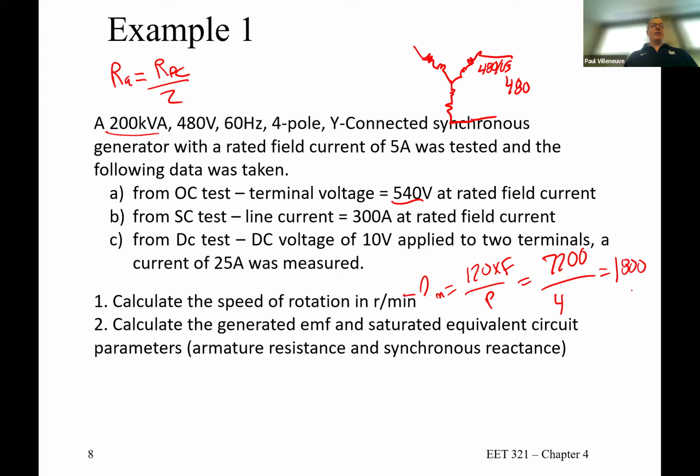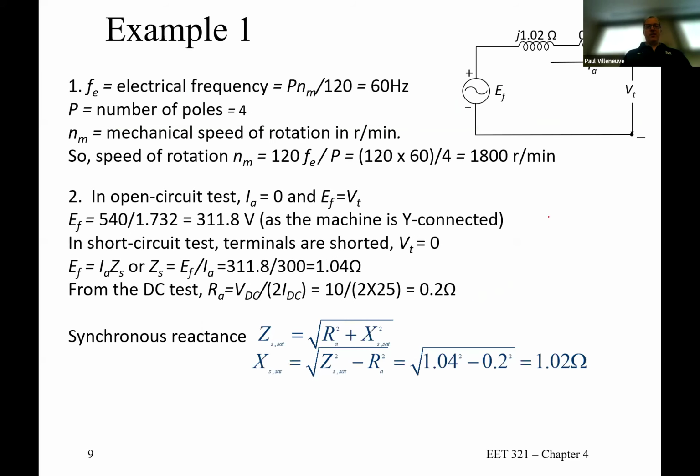Now, the next thing we need to do is calculate what our values of XS and RA need to be. Well, fortunately, these are both taken at the exact same current, so we can use those values to calculate our XS and our RA. The first thing we'll do is calculate our value of XS. What am I dividing by 1.732 here?